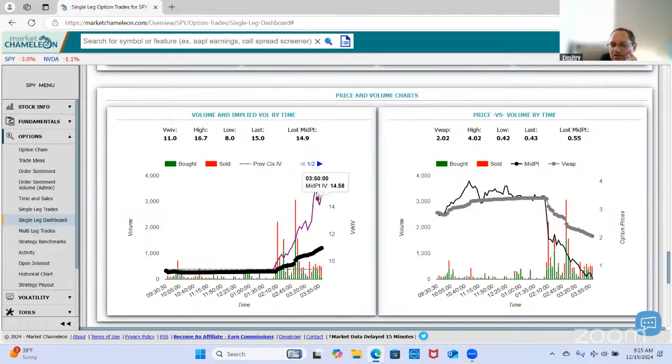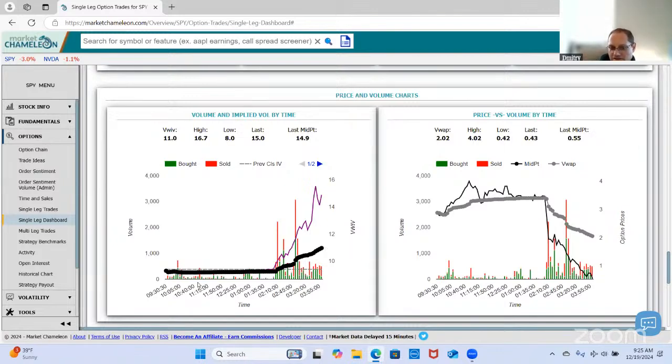This solid line here shows the implied volatility of that option's midpoint. So as the option is moving, we're tracking the midpoint, and this solid line is showing the traded implied volatility, the VWAP traded implied volatility.